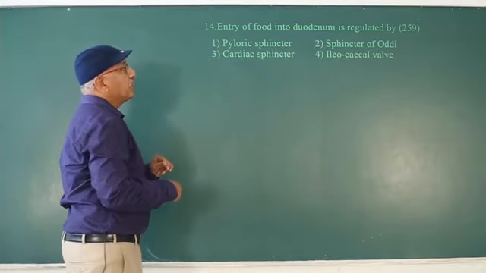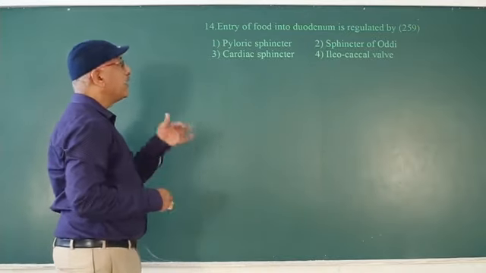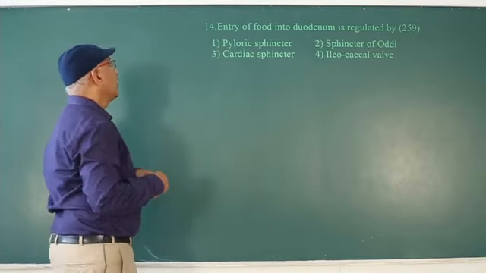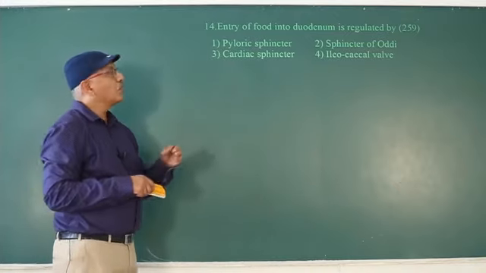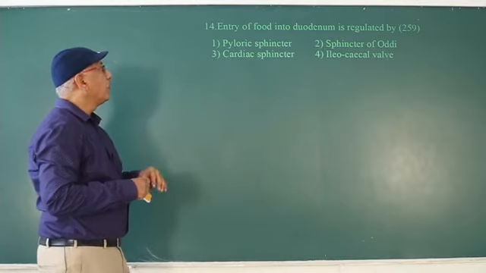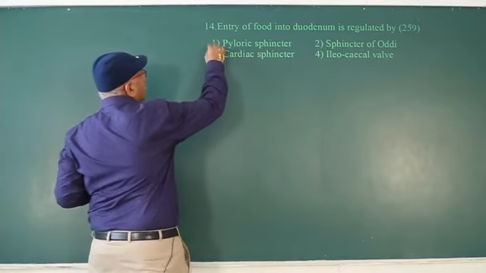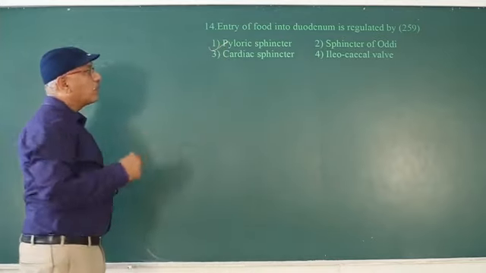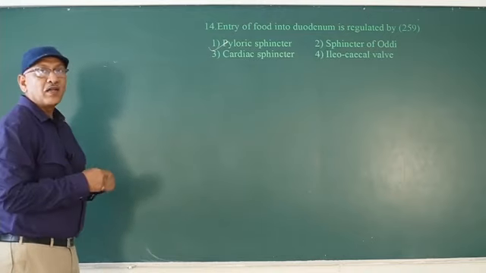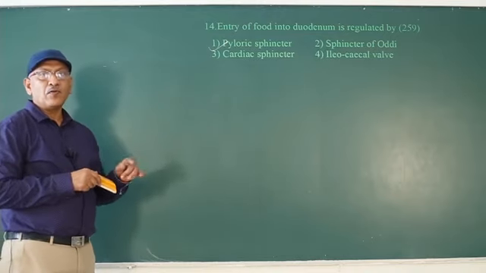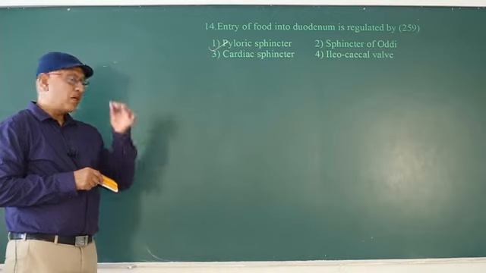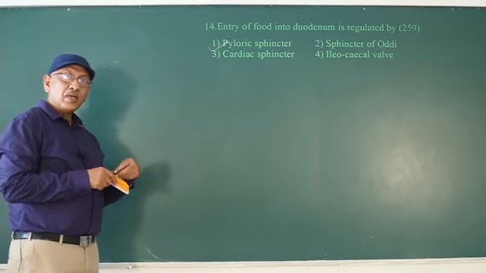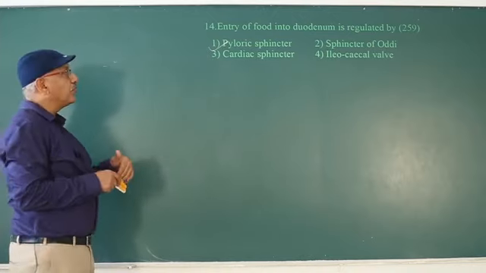Entry of food into the duodenum is regulated by which structure? Food moves from the stomach into the duodenum, so that is the pyloric sphincter. What about the sphincter of Oddi? The sphincter of Oddi regulates the flow of pancreatic juice and bile juice into the duodenum.